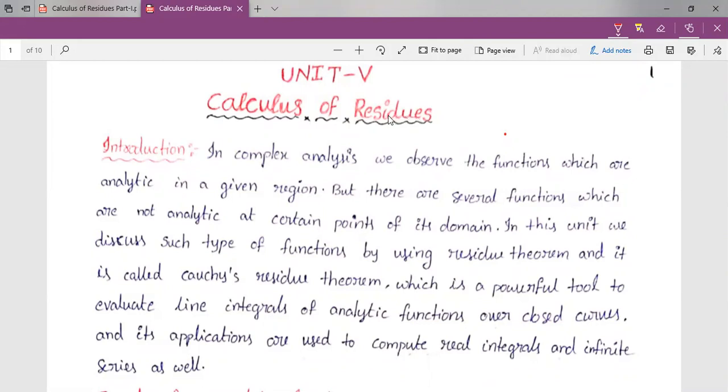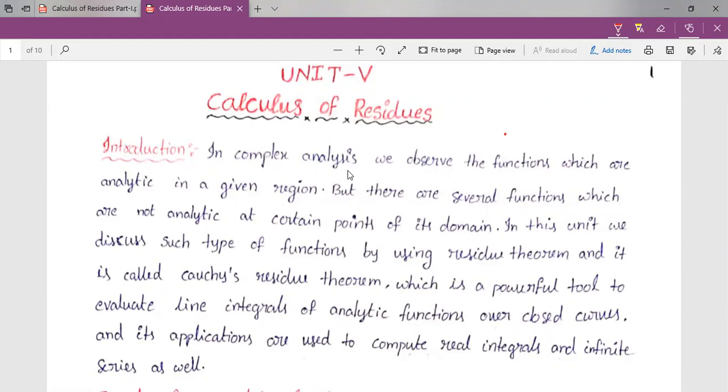So here the unit name is calculus of residues. First, introduction. In complex analysis, we observe the functions which are analytic in a given region, but there are several functions which are not analytic at certain points of its domain.